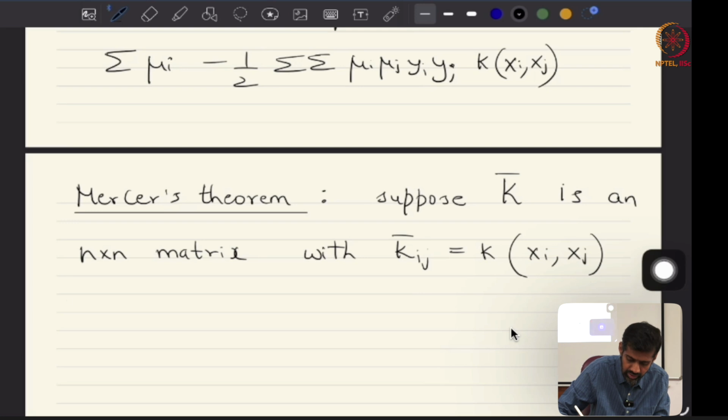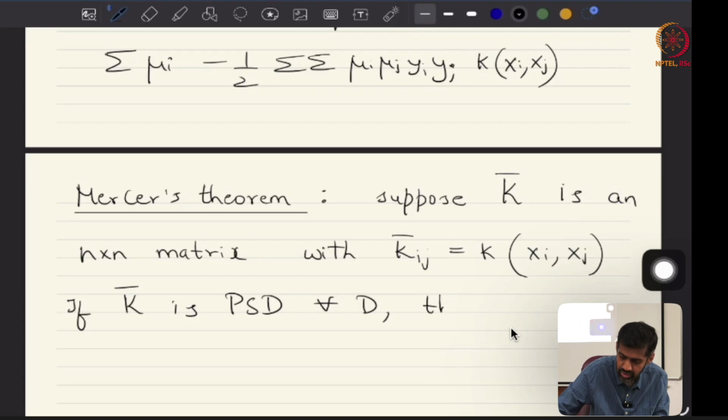Now, if K bar is positive semi definite for every data set D, then the function k is a valid kernel.